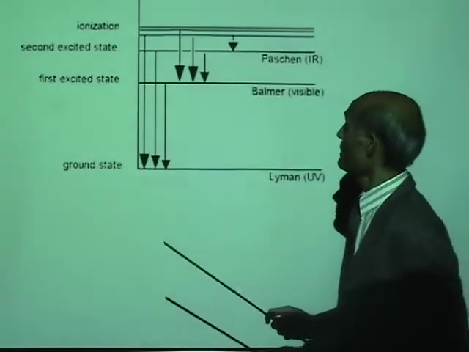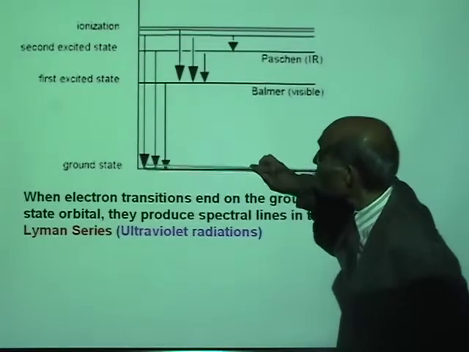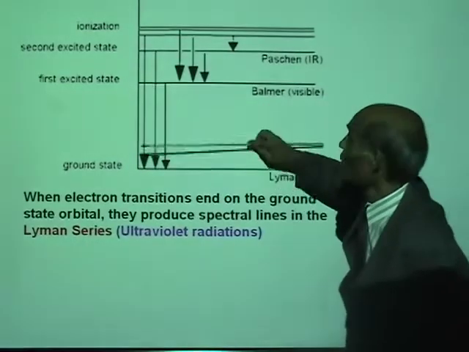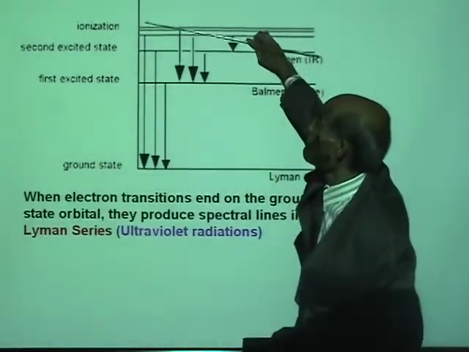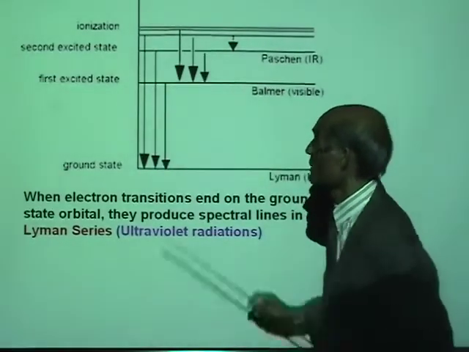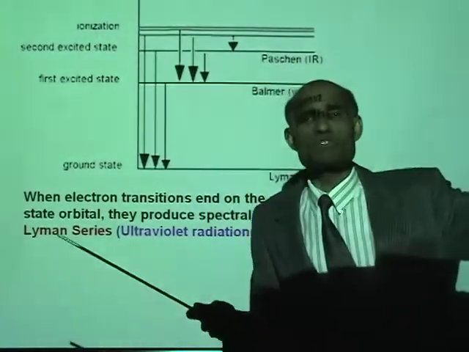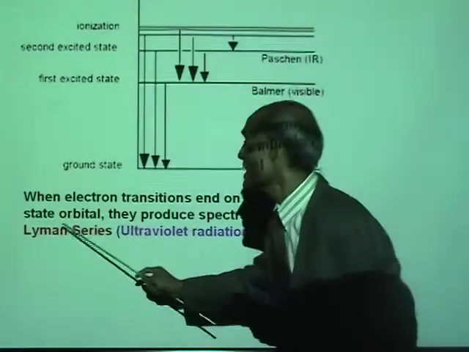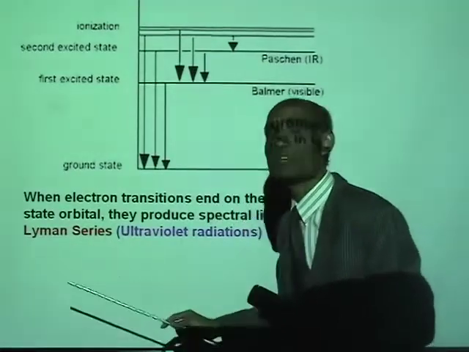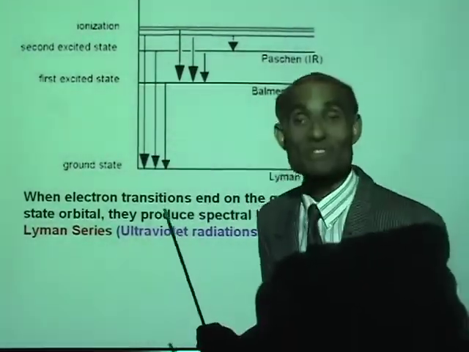On the other hand, when electron transitions end on the ground state, if now the excited electrons jump back to the ground state from the outer orbit, the radiations given out will be much more energetic, and they are called the Lyman series, and they correspond to the ultraviolet radiations.